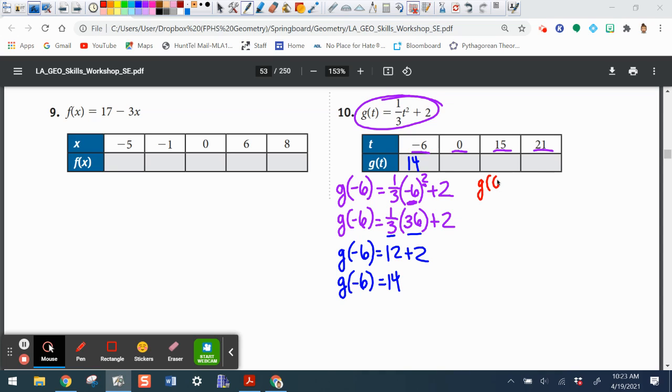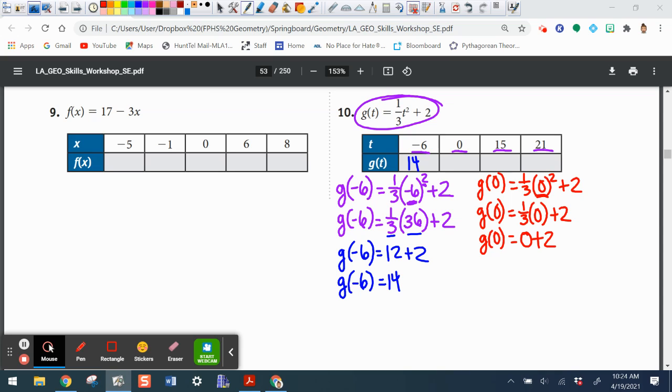So g of 0 is equal to 1/3 times 0 squared plus 2. So we'll square our input first. 0 squared is none other than 0. And if you're thinking, well, 1/3 of 0, well, none other than 0, right?